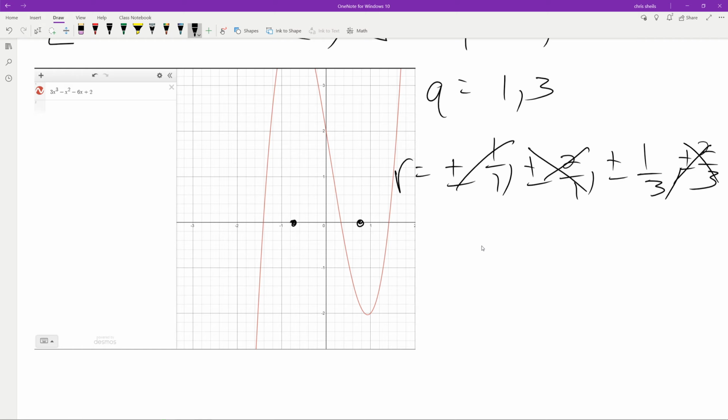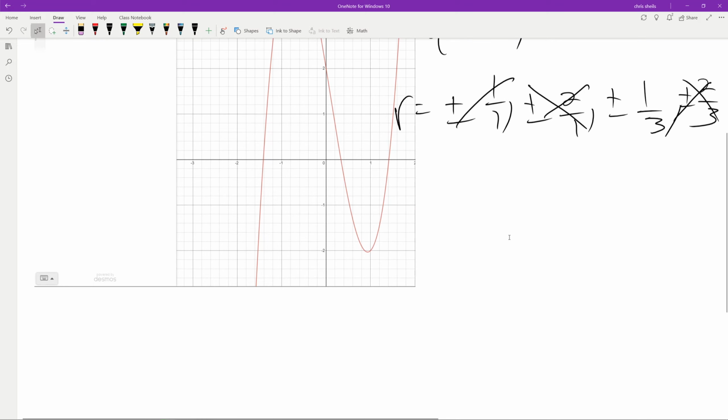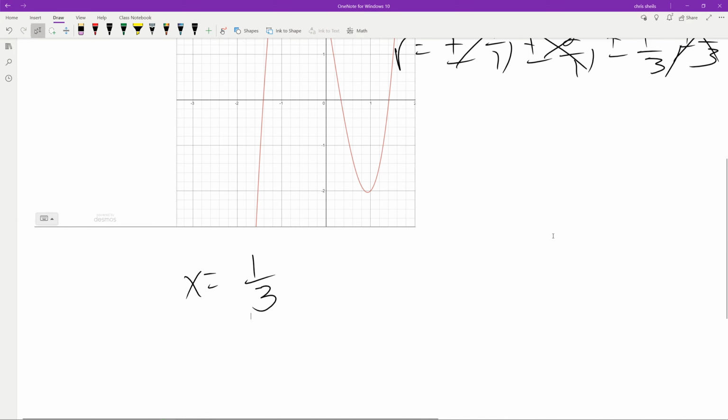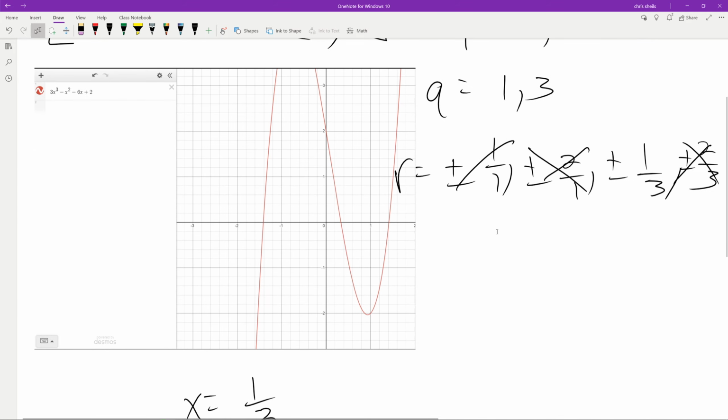So it looks like that's not going to be it. And it looks like minus 1/3 also wouldn't be it, because minus 1/3 would be here-ish. So the only possible rational root that I can see here would be x equals positive 1/3, because it looks like x equals negative 1/3 won't be it. So x equals positive 1/3 could possibly be it.